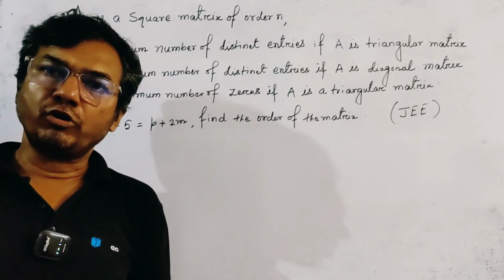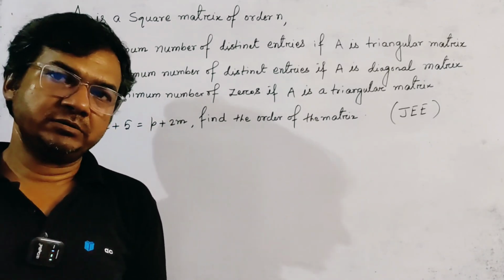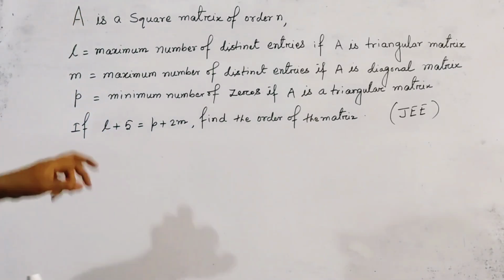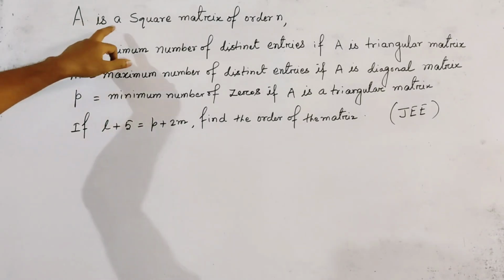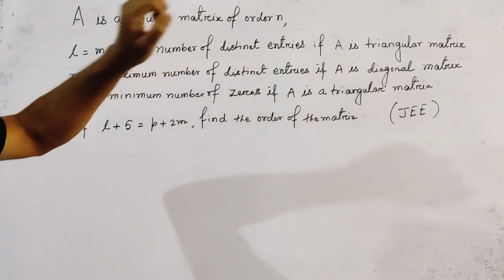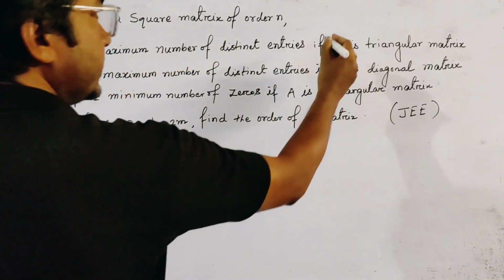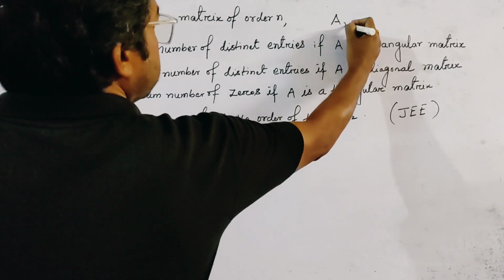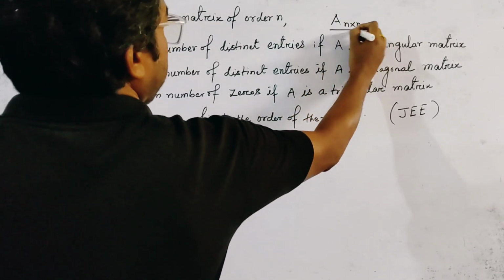Today's problem from matrix algebra: A is a square matrix of order n. That is, A is a matrix which is n cross n.